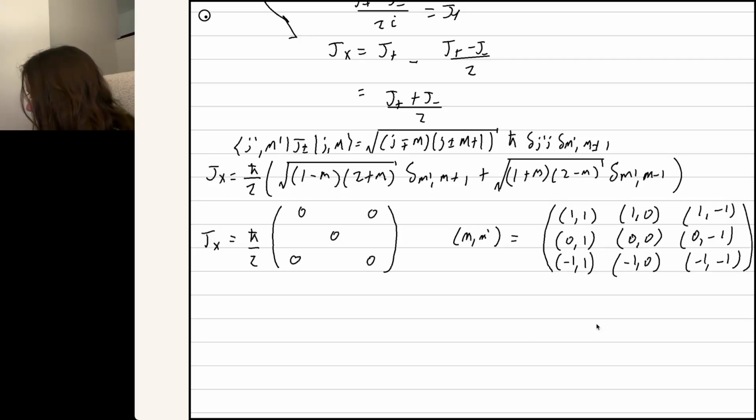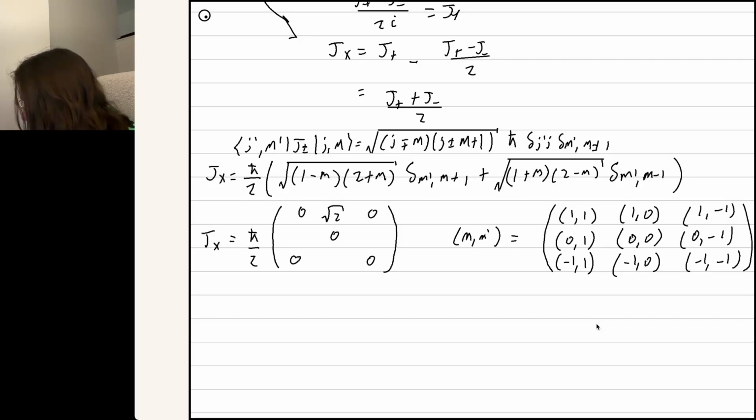So let's individually evaluate. So we have m is equal to 1 and m prime is equal to 0. With m is equal to 1, you just have 1 minus 1, so that term is 0. This one is root 2. It's root 2. I think that's going to be a common theme.